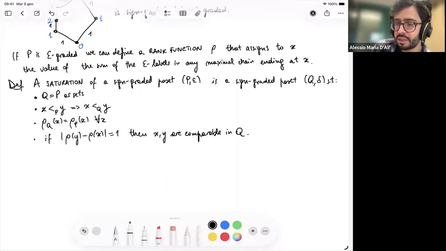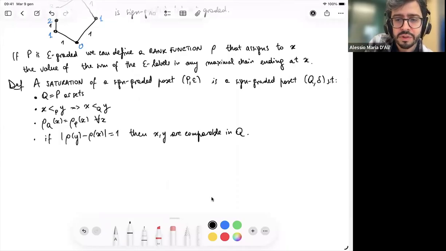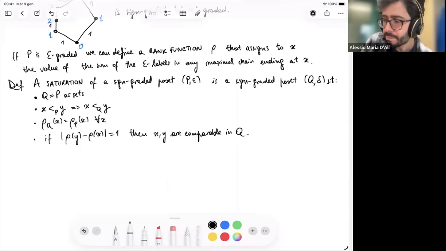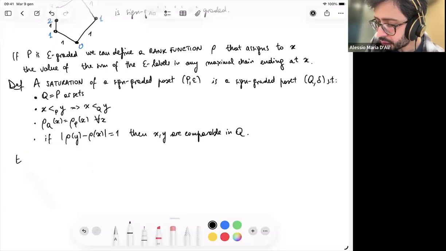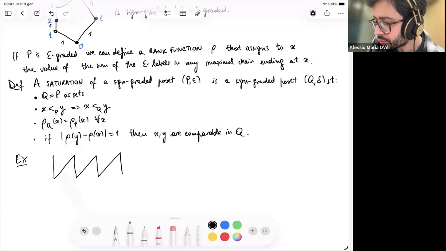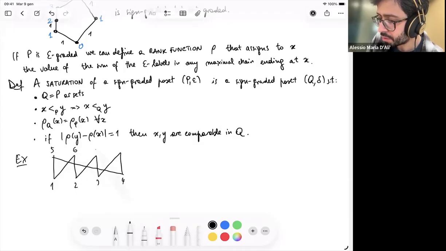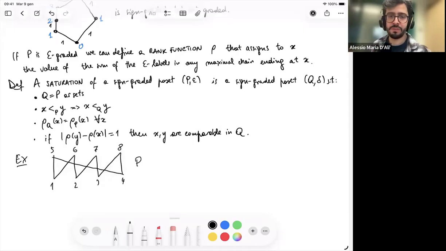Let me see that I don't want to use the wrong direction. So, if this is my poset, and I'm going to number it like this. Well, there are plenty of possibilities.